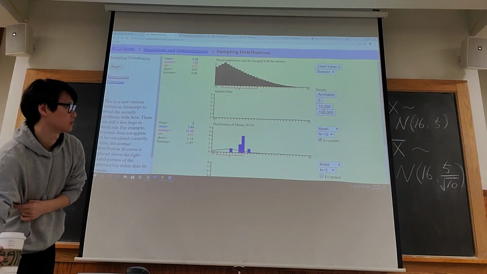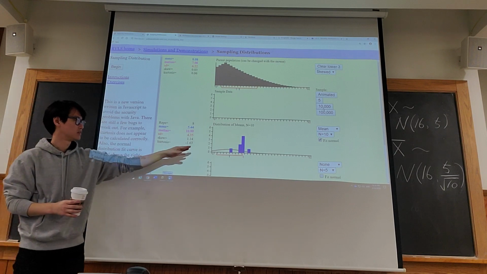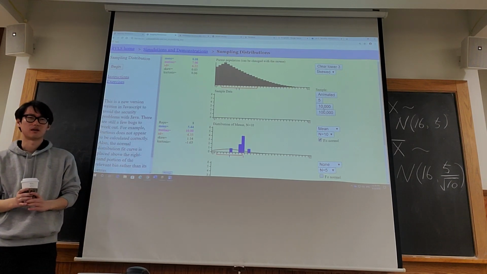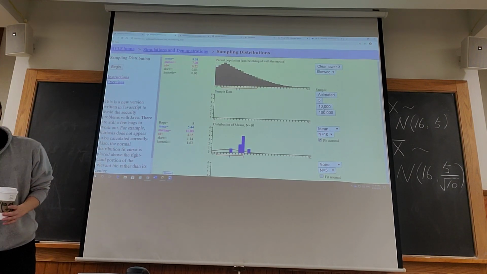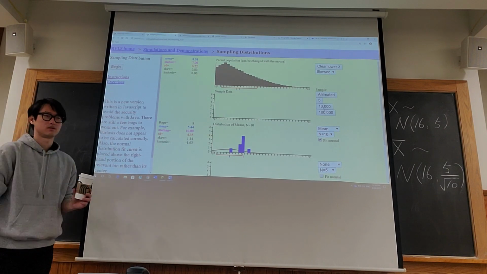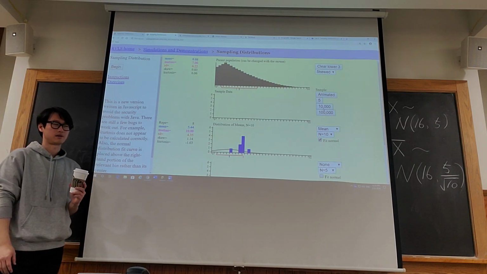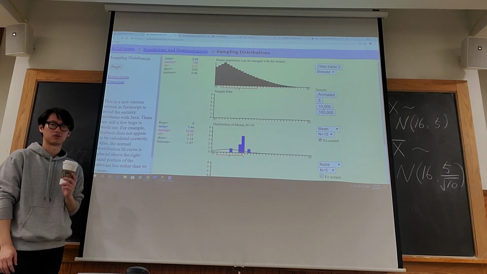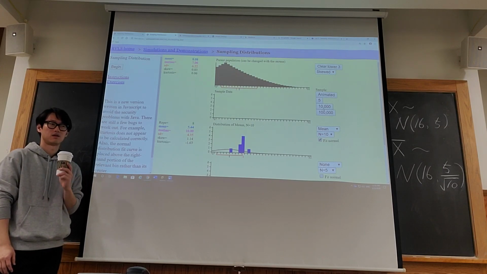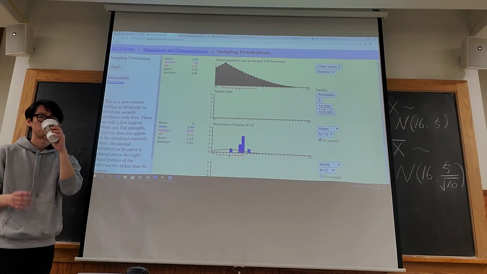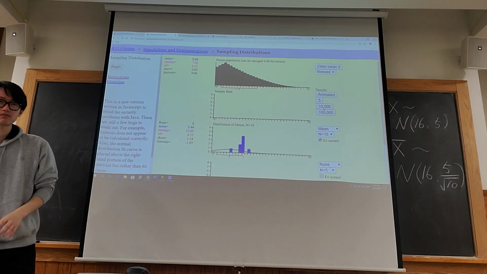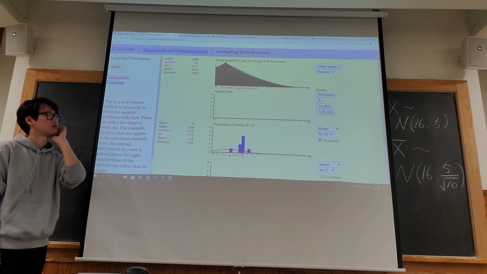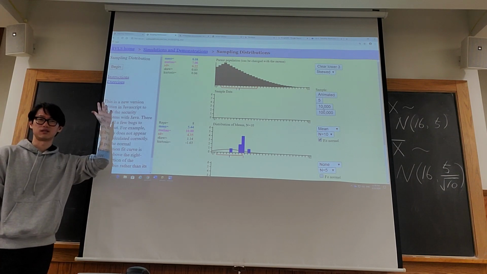What do you think of the future shape of the blue distribution? We're going to see if I click this 10,000 button, but before that, I want you guys to guess the shape of the distribution. How many of you think it will be skewed to the right?